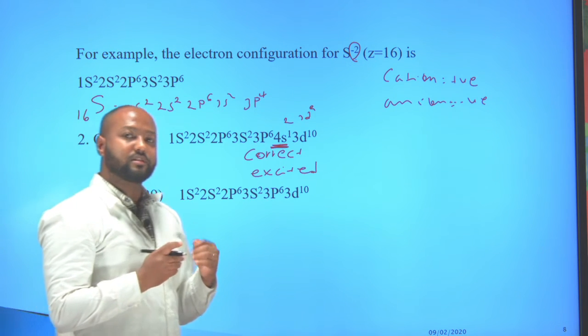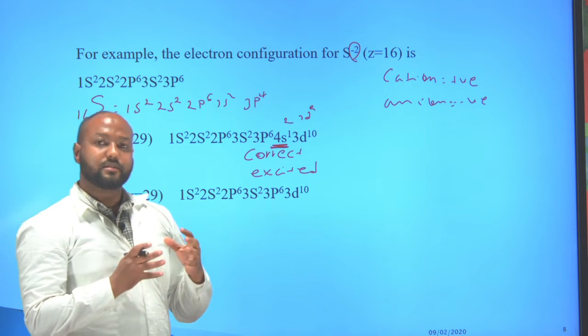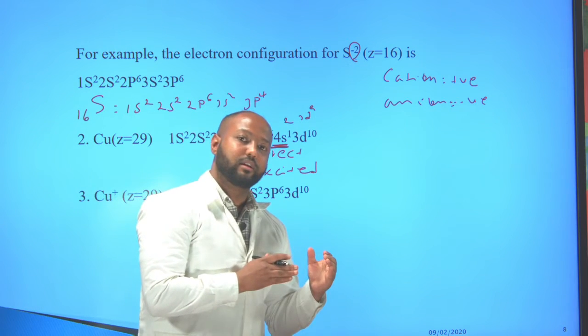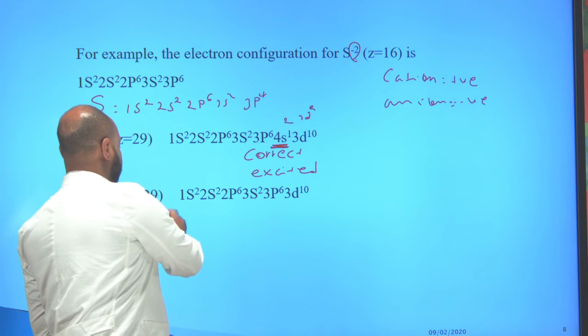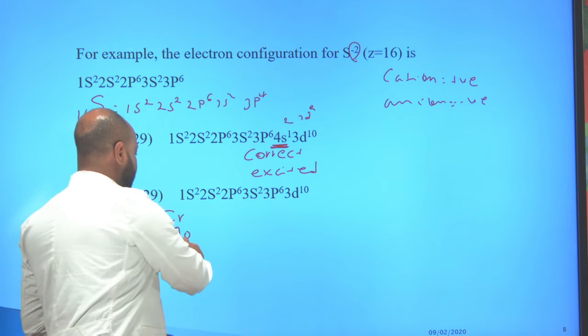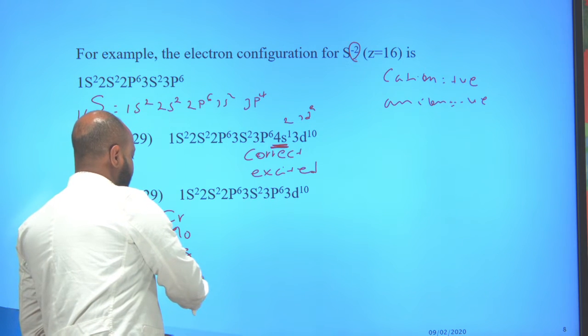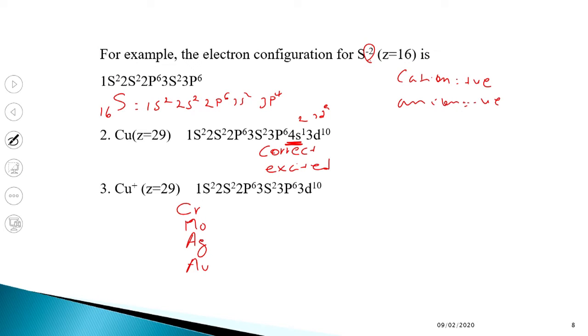Why do these exceptions occur? Some elements like copper, chromium, molybdenum, silver and gold fill the next orbital to attain stability.